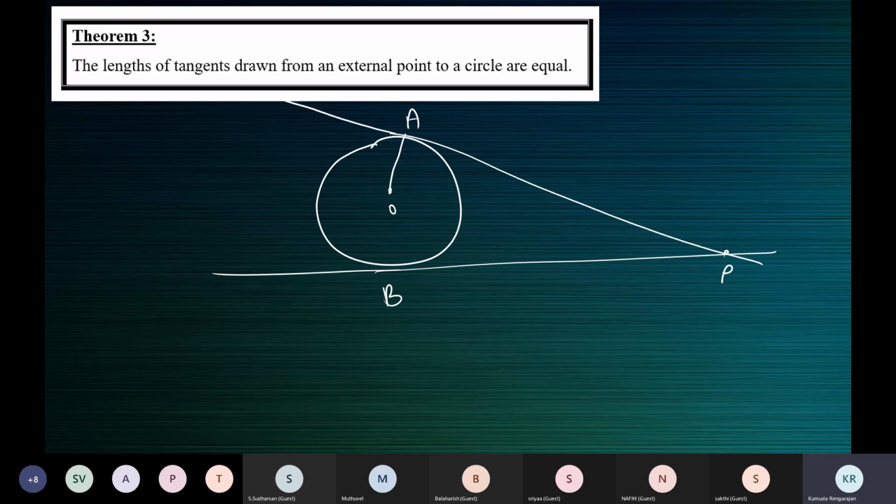Join A to O, the points of contact to the center. So join A to O and B to O, and also join OP. Join OA, OB, and OP.